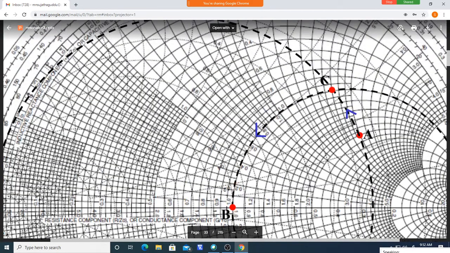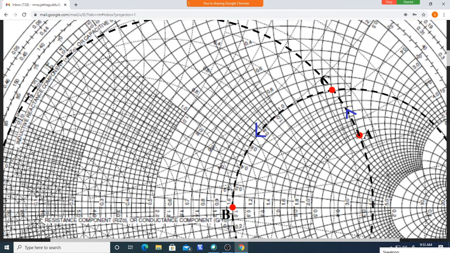So the only solution is, instead of moving on the resistance circle, you move on the conductance circle passing through the point, either in the clockwise or the anti-clockwise direction.